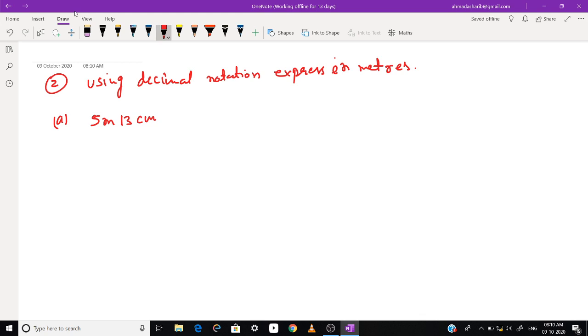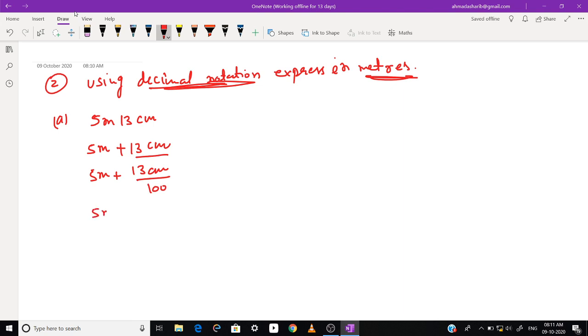Okay, let me tell you this. First we have to use decimal notation and express this in meters. So we'll write it as 5 meter plus 13 centimeter. Now 5 is already in meter, so we don't have to do anything in this part, but we have to convert this 13 centimeter into meter. In order to do that, we have to divide it by 100.